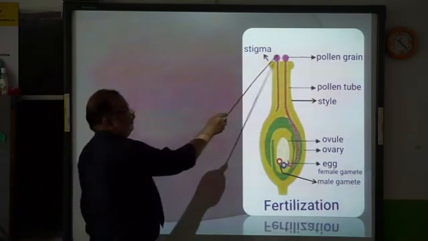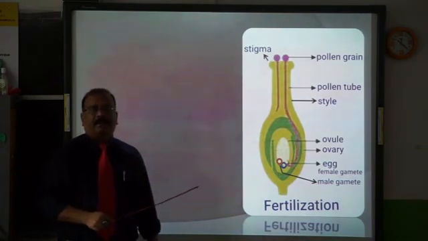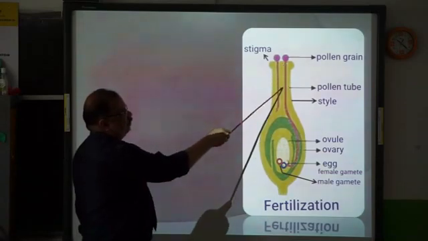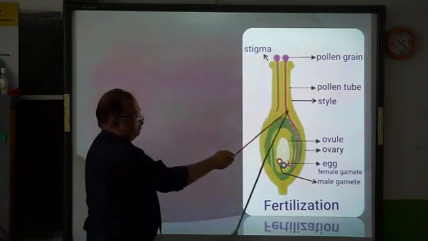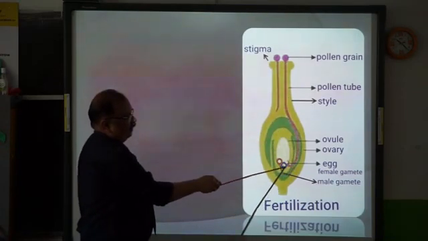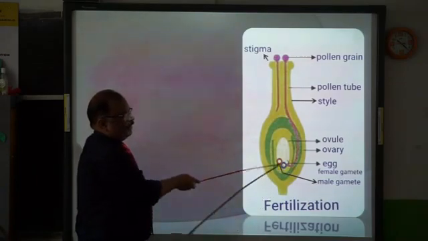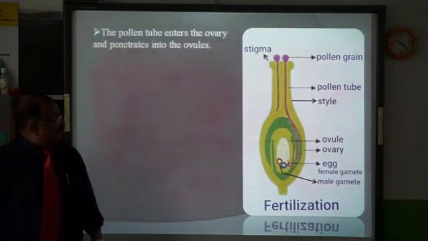This red or pink one which you can see here is the pollen grain which has come from the anther. Okay? Now this develops a tube which is called the pollen tube. Now it travels towards the ovary, and ultimately what happens? It reaches here, penetrates and goes inside where the egg cell is.